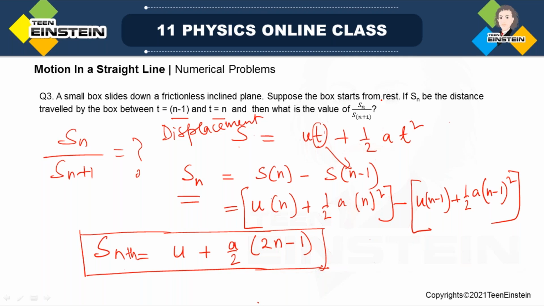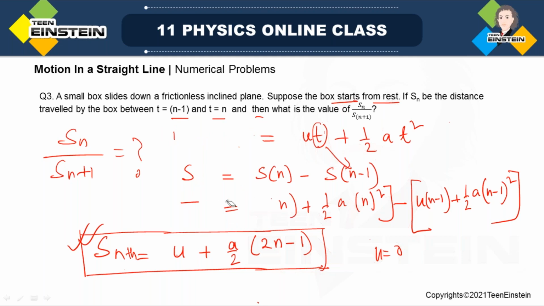Suppose the object starts from rest, that means u is 0. So the displacement of any object in the nth second is given by u, the initial velocity, plus a, the acceleration, divided by 2, into 2n minus 1.